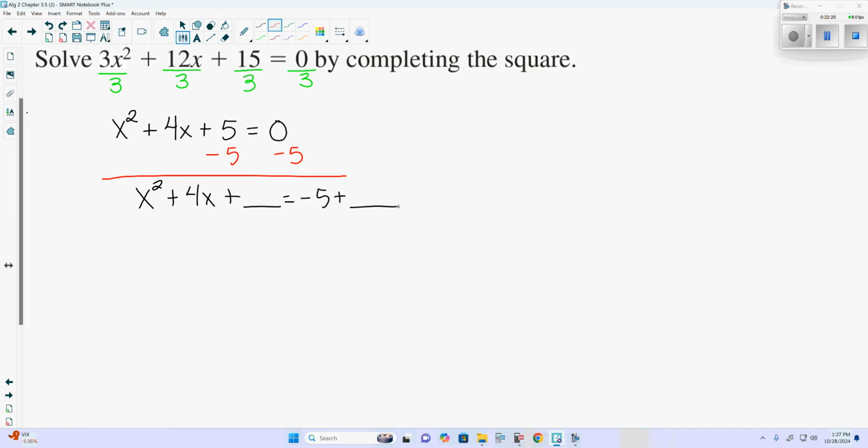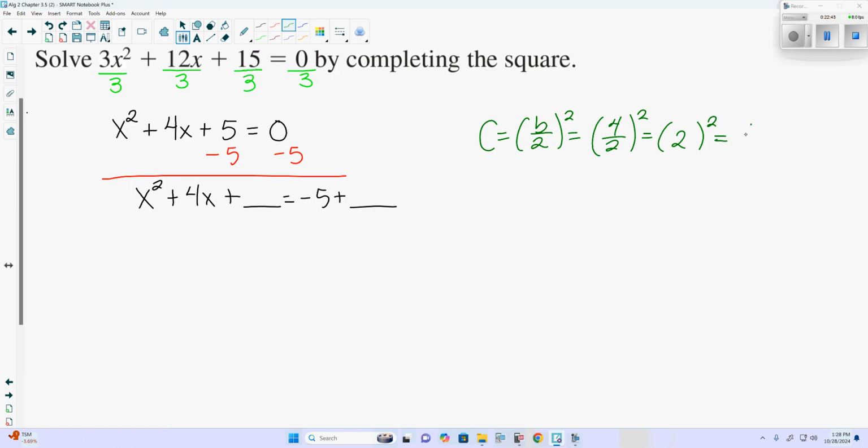Now our next step is to find the value of c. Well, c is equal to b over 2 squared. Now our number and sign in front of our x is positive 4. So our value of b in this case is positive 4. Now our 4 divided by 2 is 2.